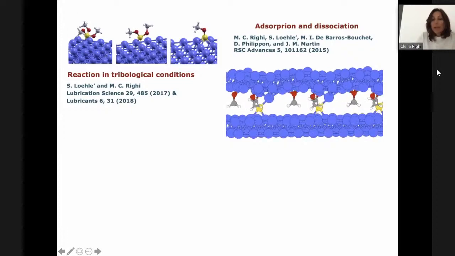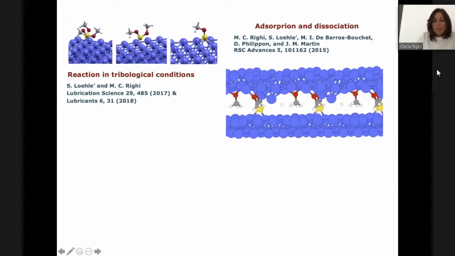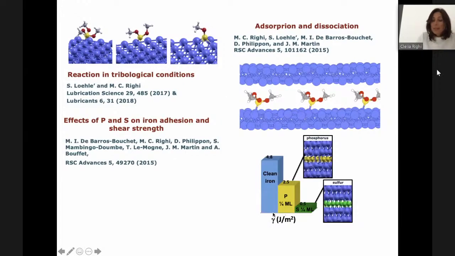And we calculated the adhesion and resistance to sliding of iron interfaces and found that they can be dramatically decreased by the presence of intercalated phosphorus atoms and sulfur atoms. Sulfur is another key element for lubricant additives.